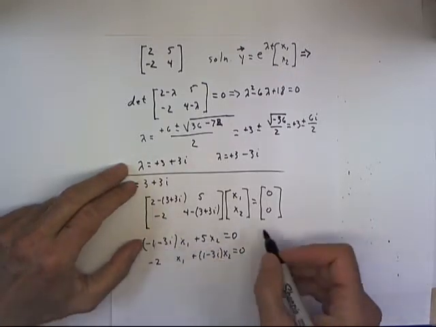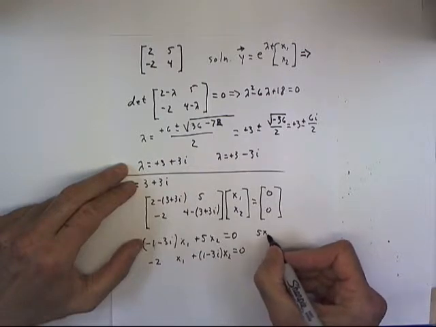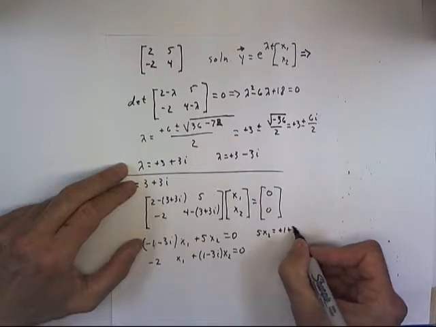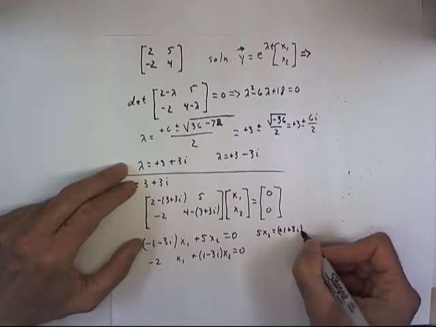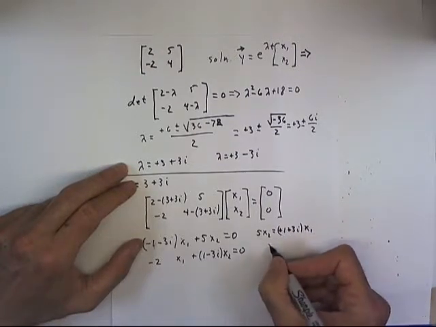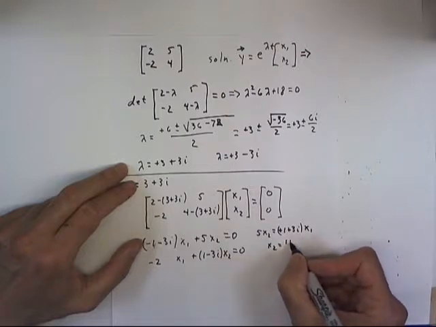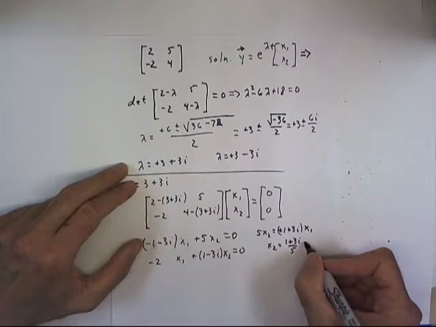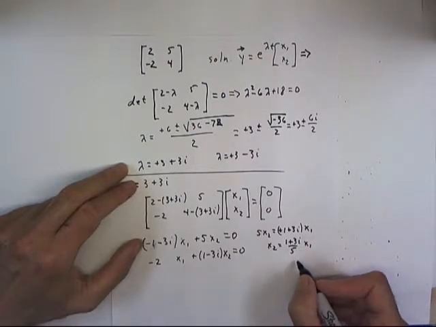If I add this to both sides, I get 5x2 equals 1 plus 3i times x1, so that x2 equals 1 plus 3i over 5 times x1, giving us the eigenvector.